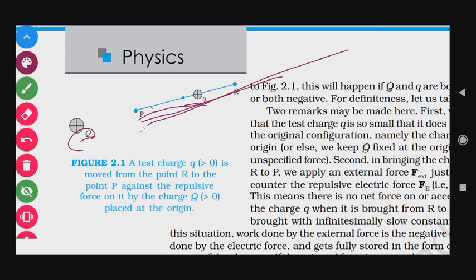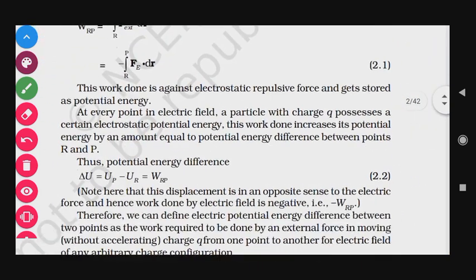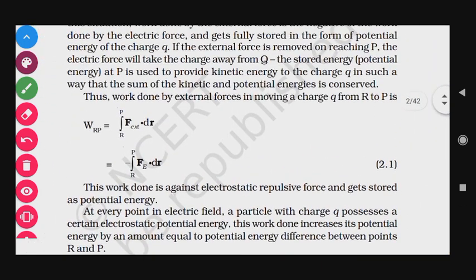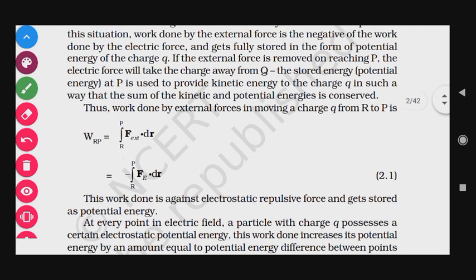The charge will start moving in such a way that the sum of potential energy and kinetic energy is constant. That is just the definition of a conservative force. The stored energy at P is used to provide kinetic energy to the charge, in such a way that the sum of kinetic and potential energy is conserved, as I have told you.